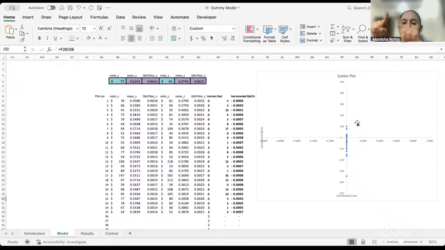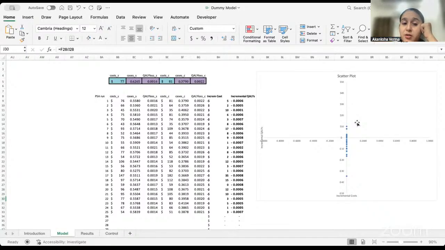The scatter plot tells you how uncertain your results might be. If your points are too scattered, with PSA generating results all over your graph, then it shows that your model is not very robust.